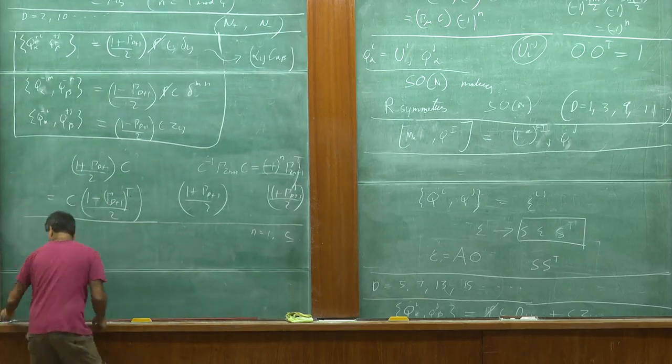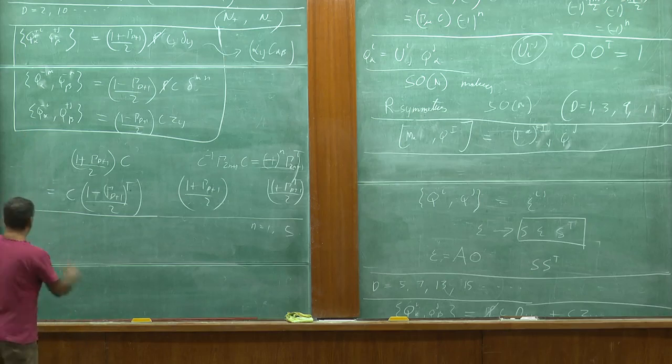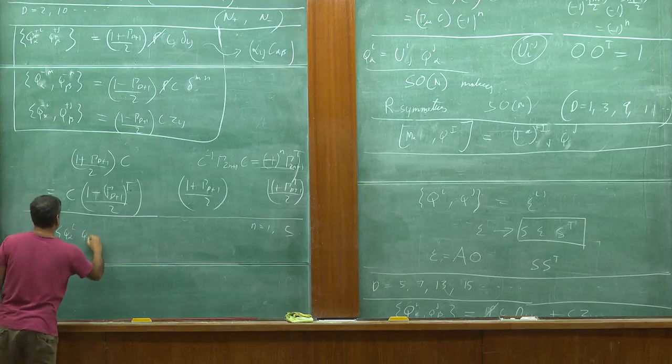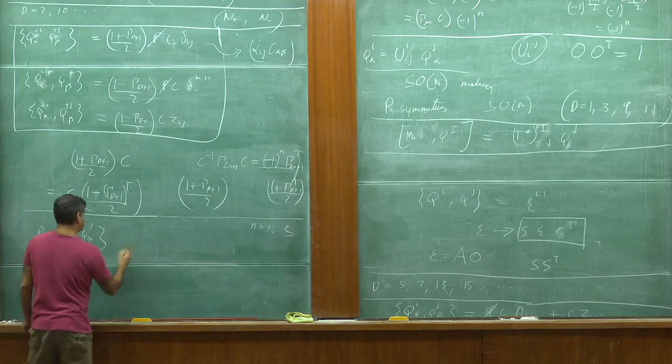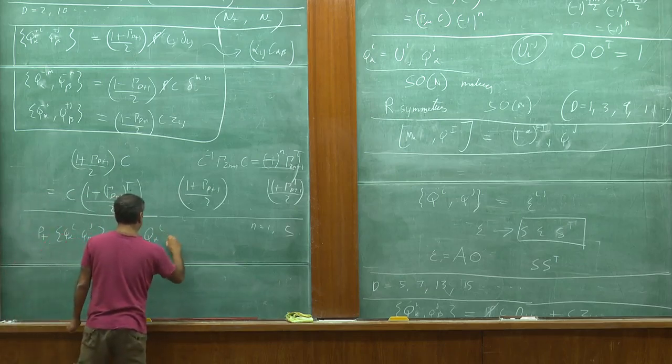Do you see? Let me say it again. What we have from the expression of the top guy, we have P plus on Q alpha I, Q beta j is equal to Q alpha I, Q beta j.